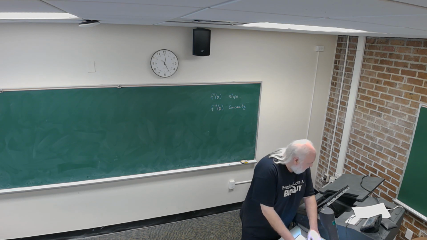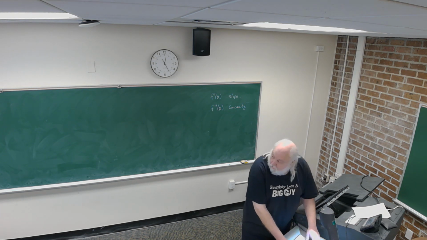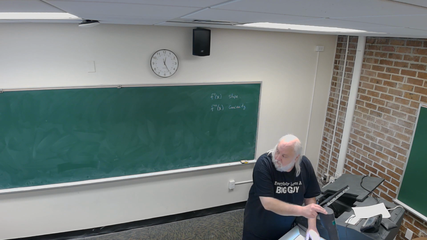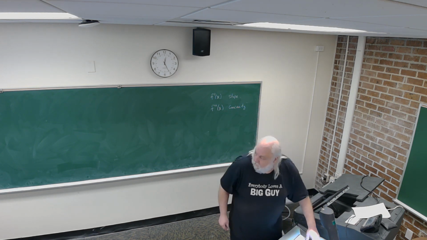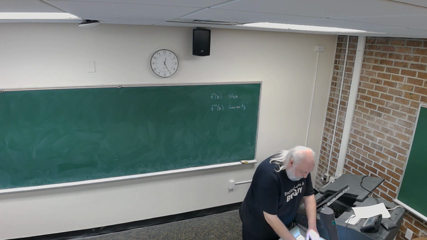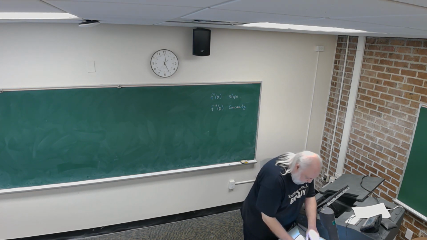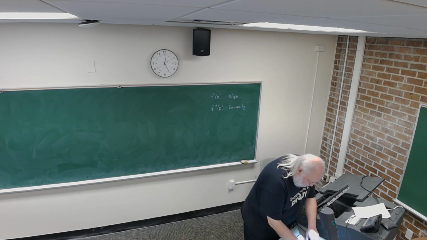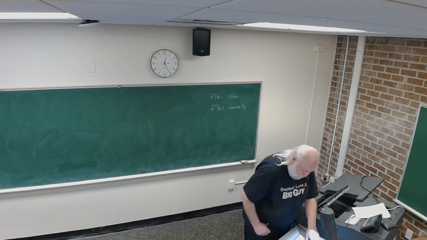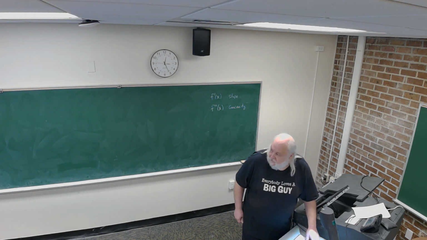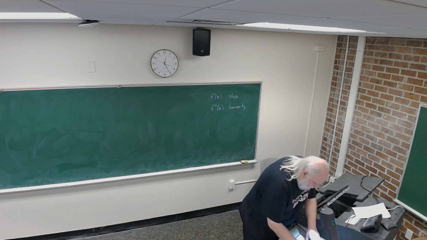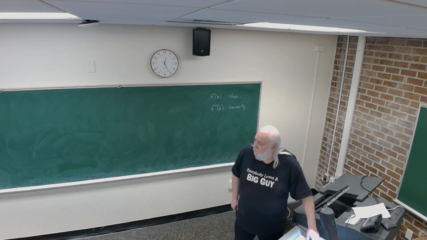So you can see that the slope of f prime of x is negative for x less than 0. I'm not saying f prime of x is negative. I'm saying the slope of the function f prime of x is negative for x less than 0.